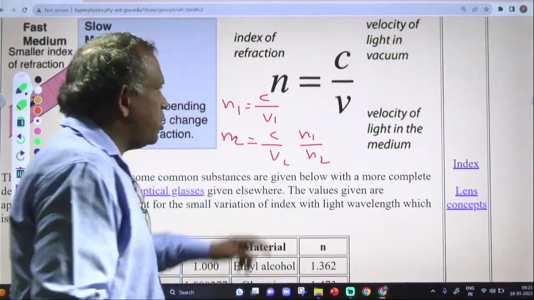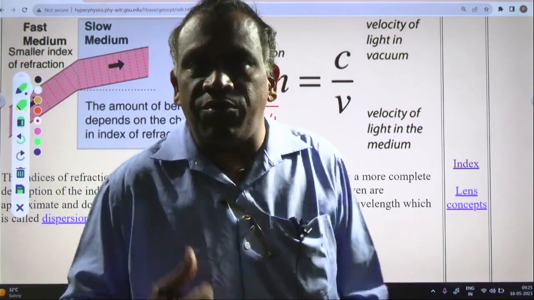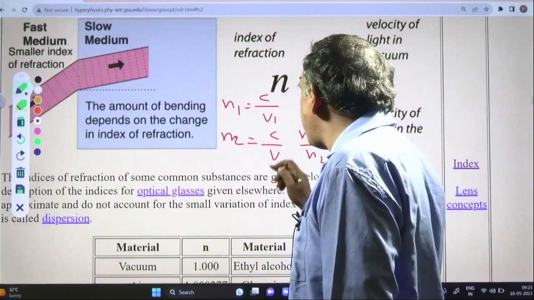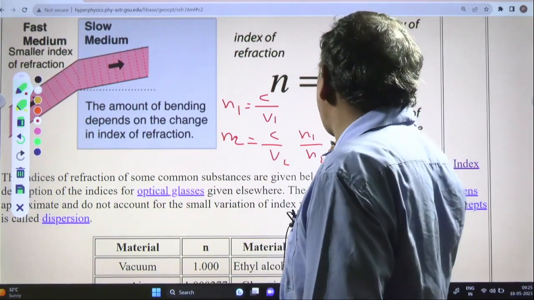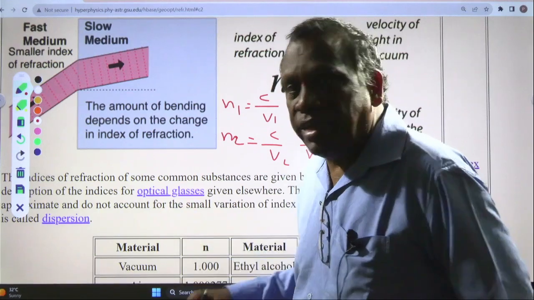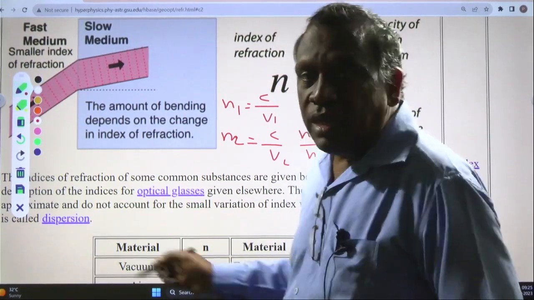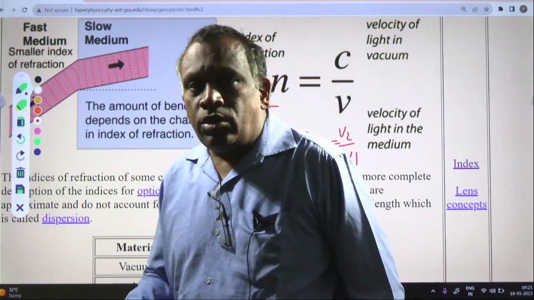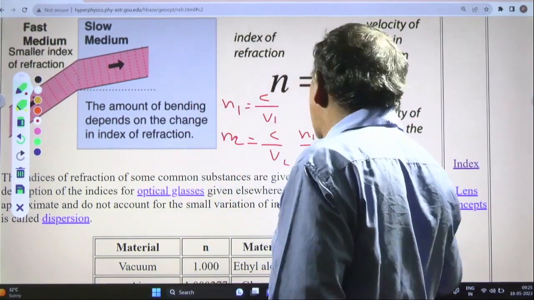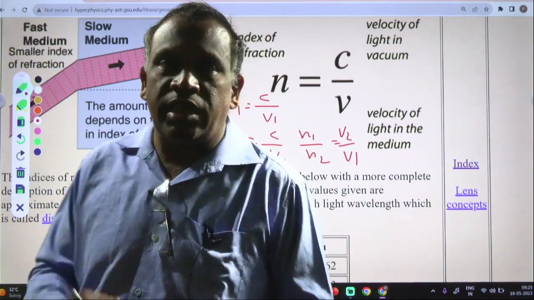The initial one is the absolute refractive index, and this one is the relative refractive index. Relative refractive index is n1/n2 = (c/v1)/(c/v2), which means v2/v1. This is called the refractive index of the first medium with respect to the second medium.